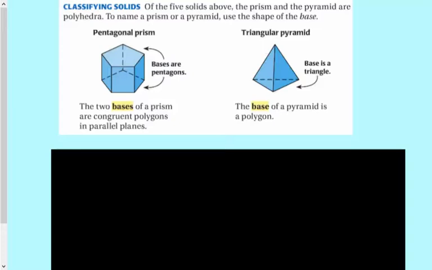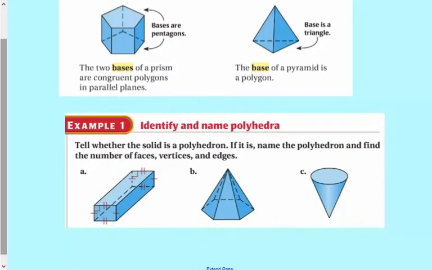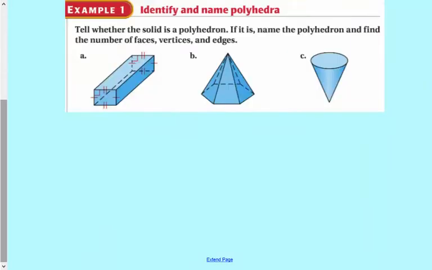And a lot of times the pyramids are easier to identify because you can rotate them kind of. I know that's not making a lot of sense here, but if you take a look at B in this example here, you know that it's got 6 sides for the base. So that's a hexagonal pyramid.